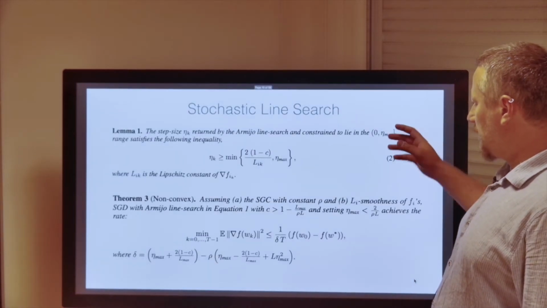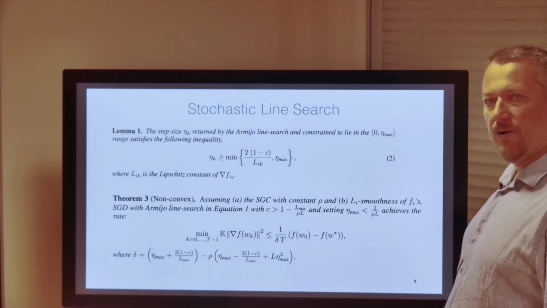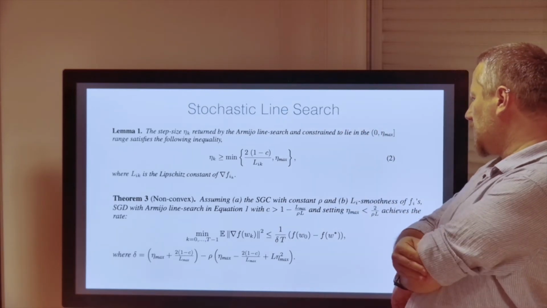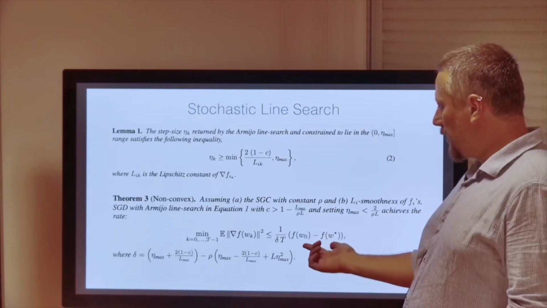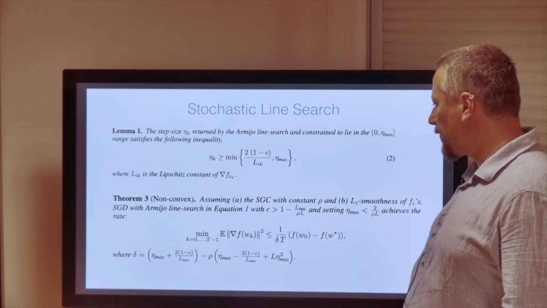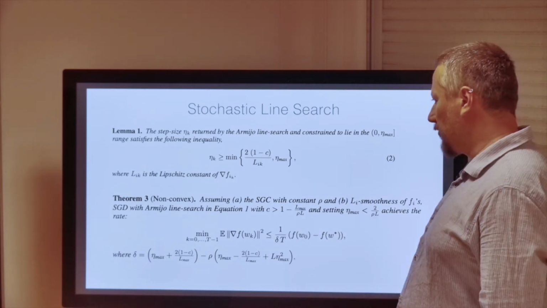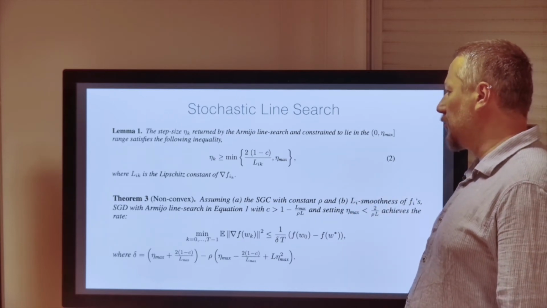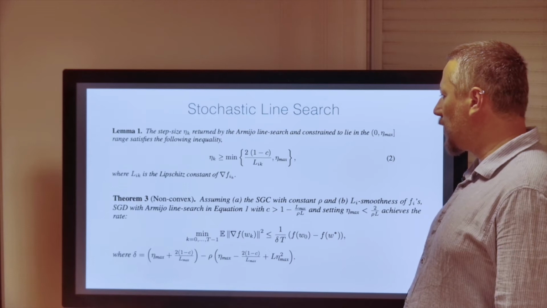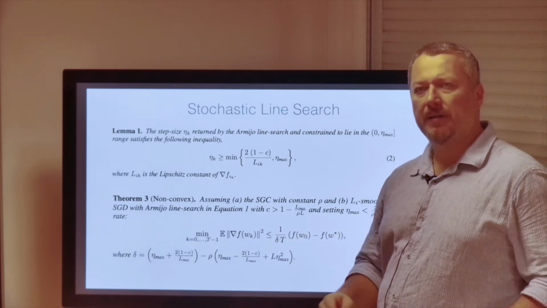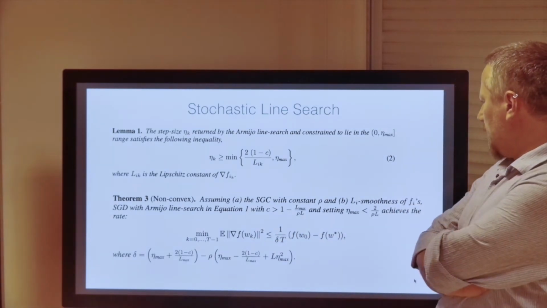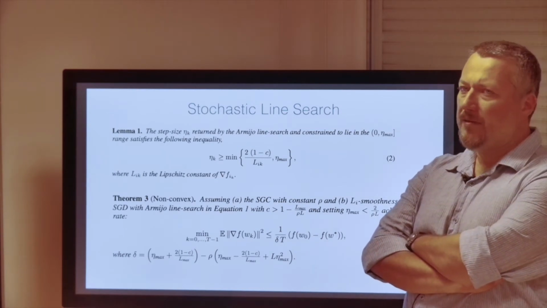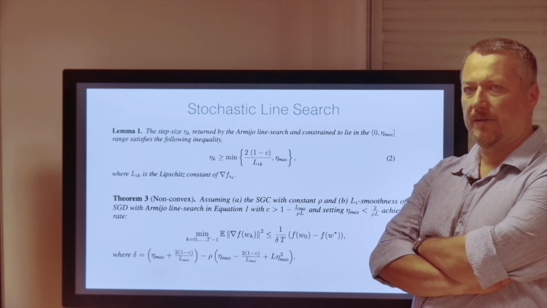And then you can give a convergence proof for non-convex functions with a similar rate that we had before, with different constants, of course. I'm going to skip that proof. You can find it in the paper. And if you see the proof, it's actually pretty similar to what we did yesterday.